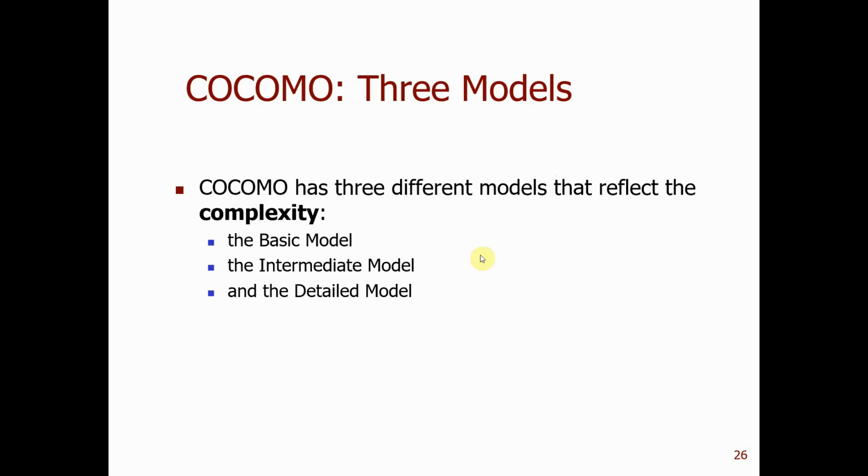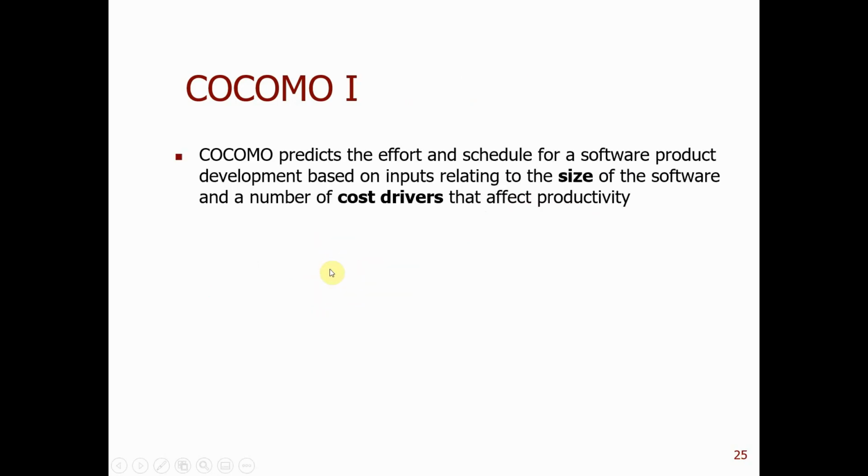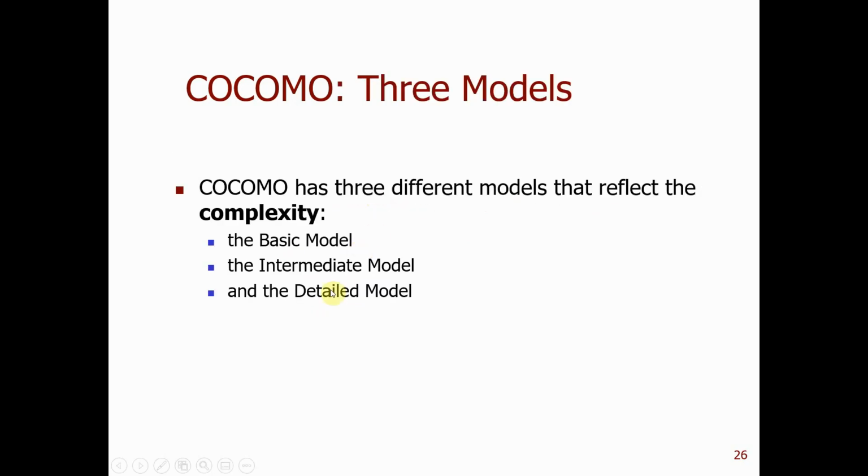These three models reflect complexity: the basic model, the intermediate model, and the detailed model. Here we only introduce the basic model and the intermediate model. The basic model considers size only. The intermediate model considers cost drivers, and the detailed model is an intermediate model but used in different phases of the project.